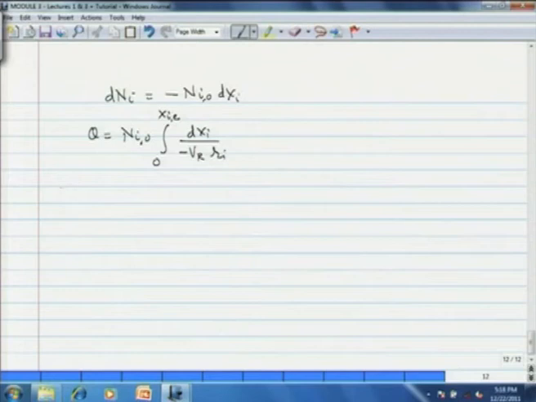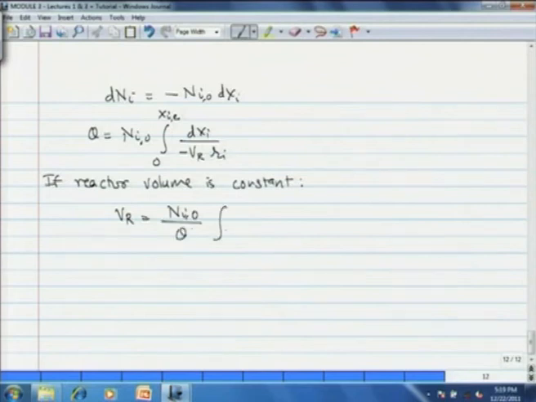If the reactor volume is constant, which is the case most of the time, then we can rearrange the above equation to get the volume of the reactor for a particular batch time to achieve a certain conversion. I am simply rewriting the same expression in another form.